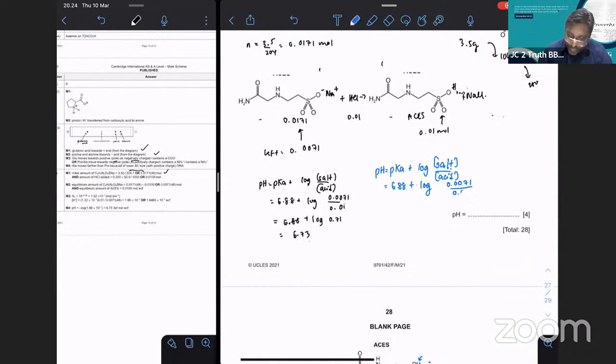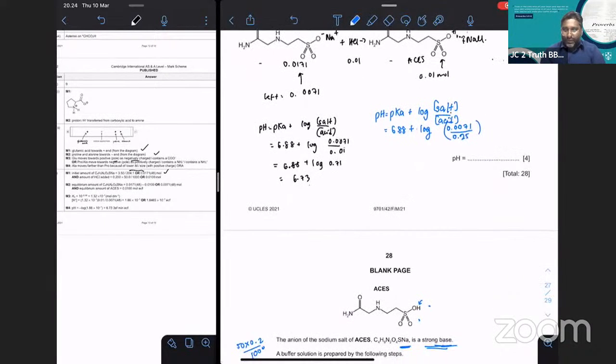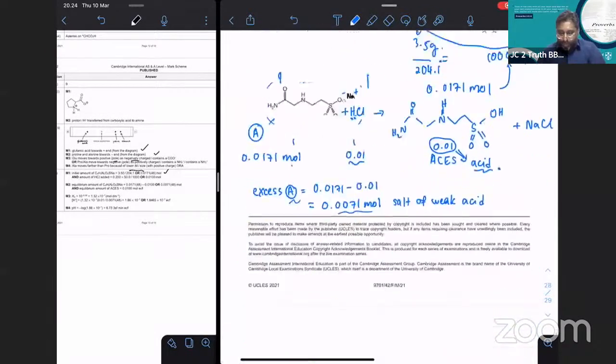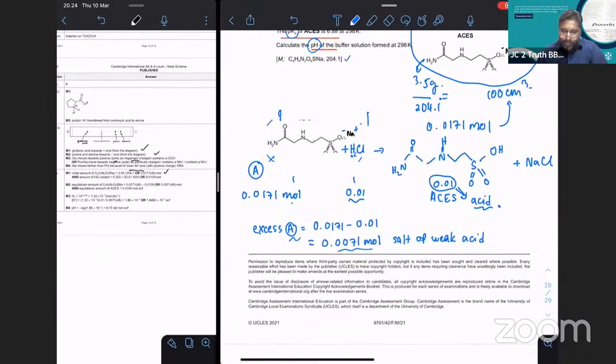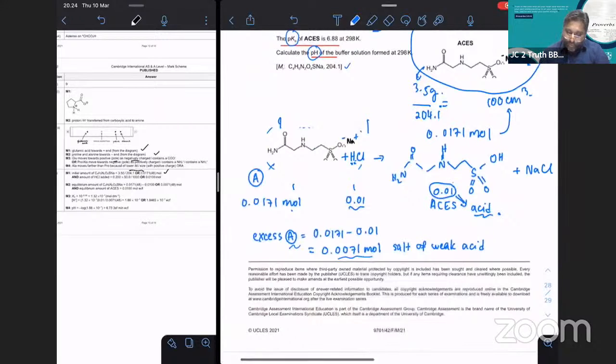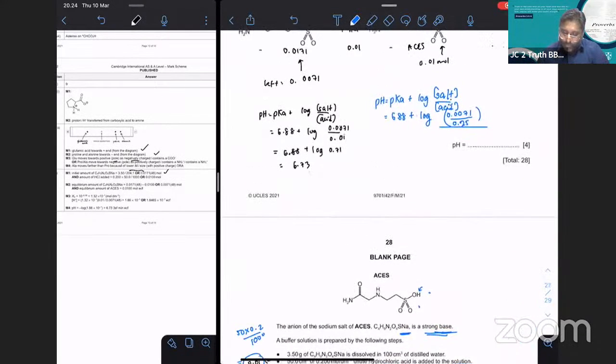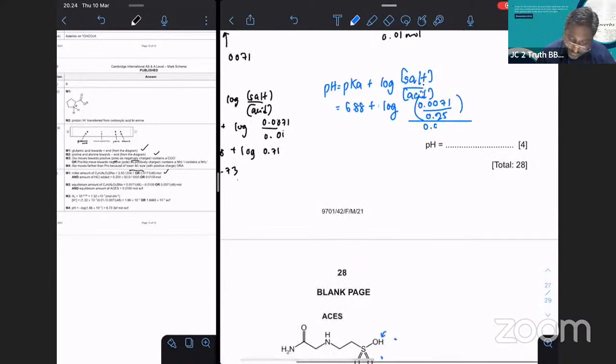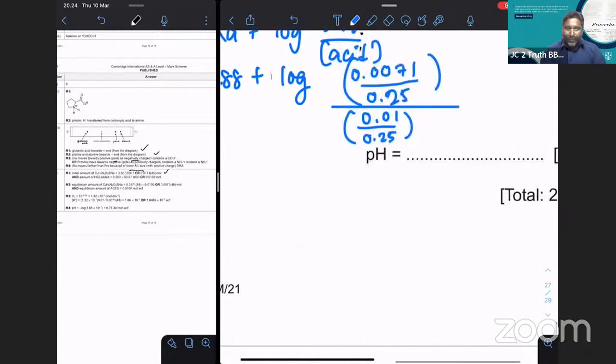That's the value. It's the log of the concentration of the salt divided by the acid. The acid, just now, it's going to form 0.01 mole of the acid, so 0.01 mole divided by the same volume, 250 cm3. Now, this one doesn't matter, you can cancel.